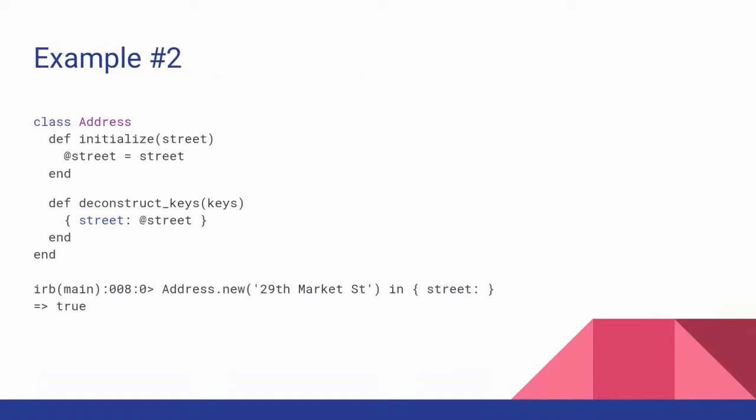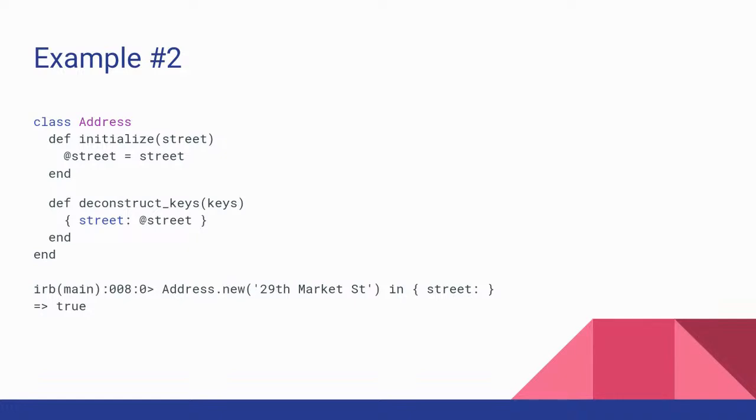We have an example here where we have this class Address, and we're receiving a street that's an instance variable, and we're implementing deconstruct keys here because we need some way to extract values from this object into comparable objects.